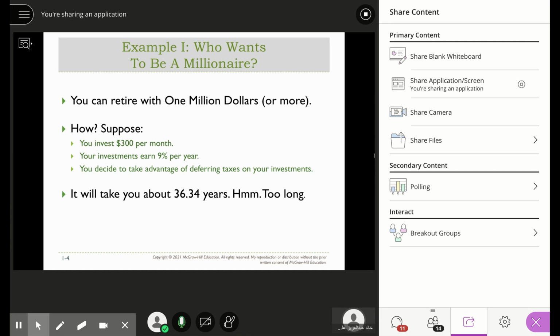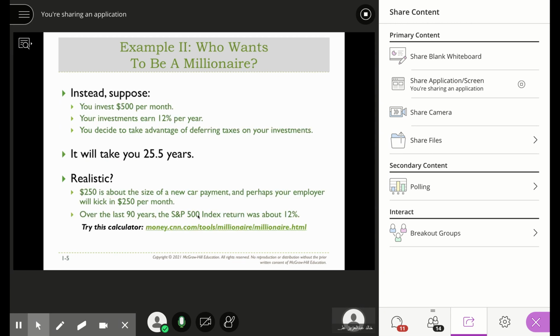So to achieve that objective, you could invest $300 per month at a level of return of 9%. If this is the information that you have, this means it will take approximately 36.34 years, which is approximately 36 years.